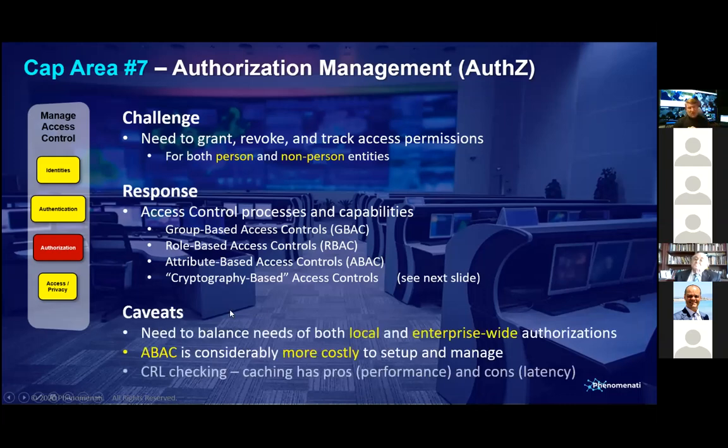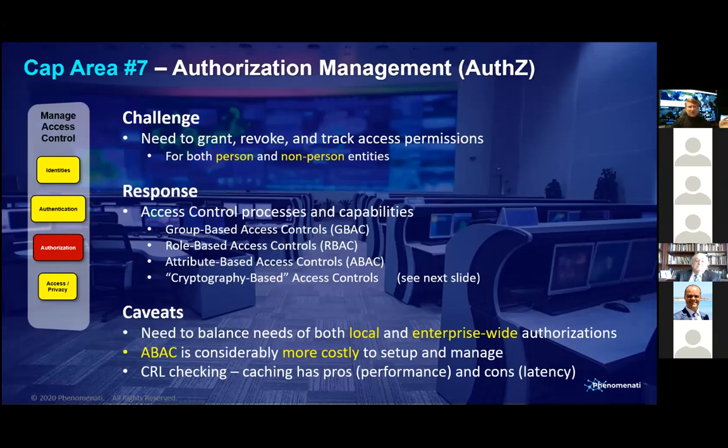This is fundamentally important, but it's also complex. The more granular we build these perimeters where we provide these checks, the more complexity and the more of a management overhead it puts on the guys in the security ops center. Everything from both granting the access, but also checking things like the CRLs to make sure that credentials haven't been revoked.